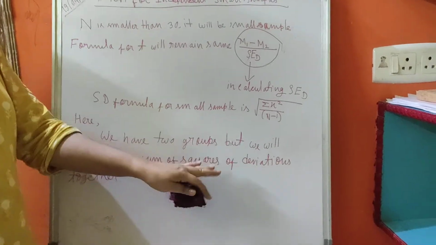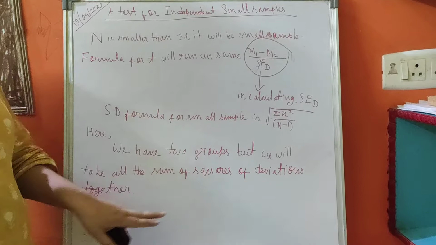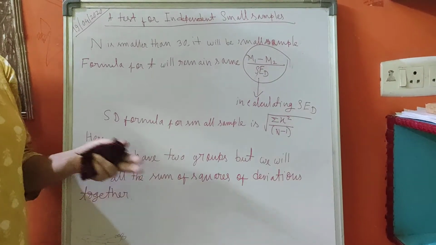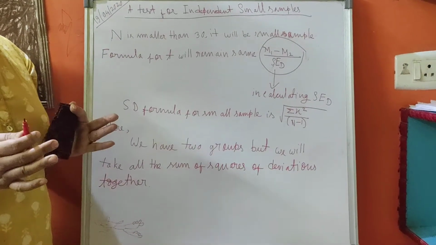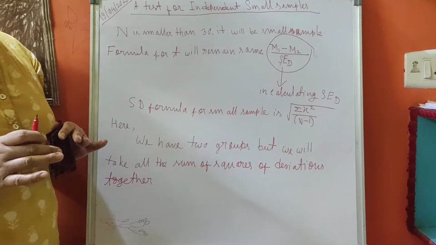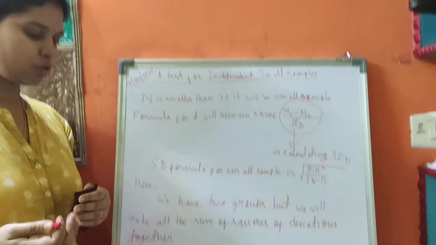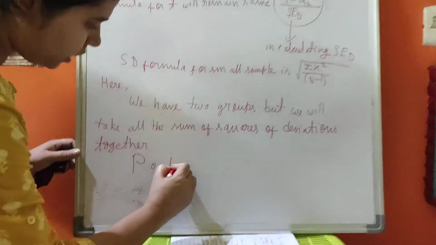But rather than doing that, we will take all the sums of squares of deviation together and introduce the concept of pooled SD, where the two SD values are taken together to compute a single SD.